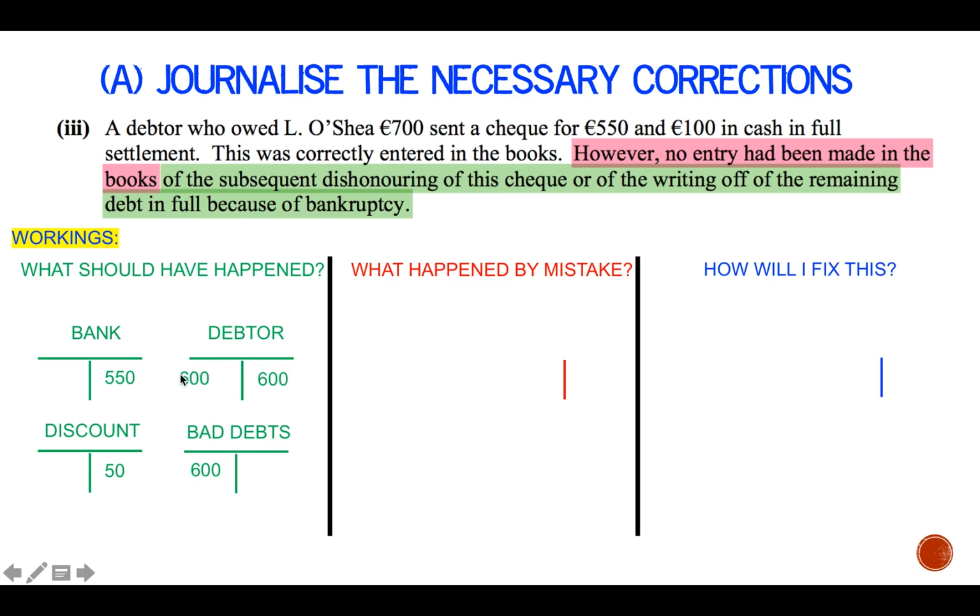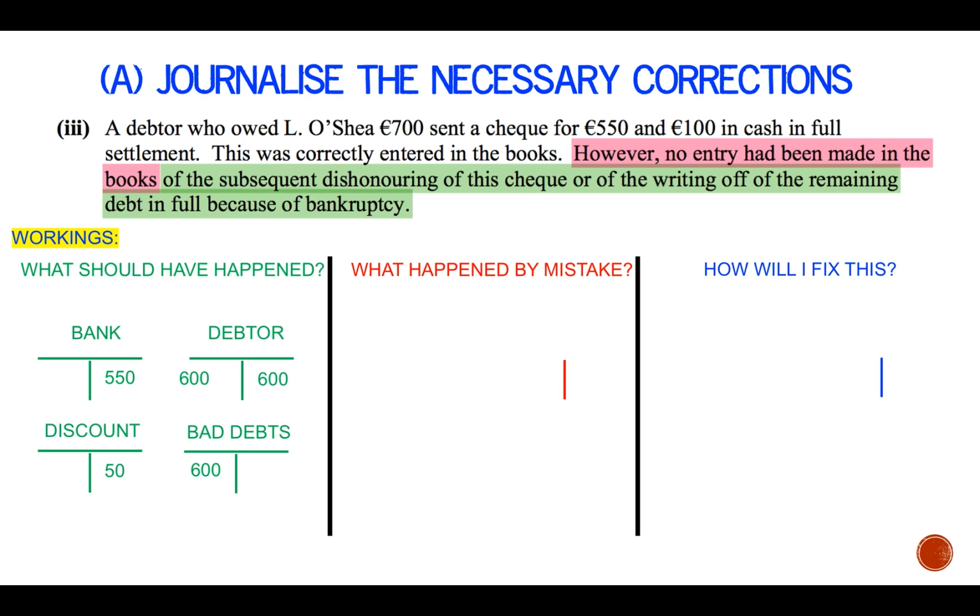We are going to unwind that and enter it on the debit side. The discount of €50 would have been recorded on the debit side. We are now unwinding that discount, so we just put it on the credit side, the €50 there.